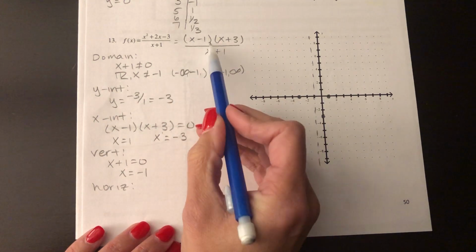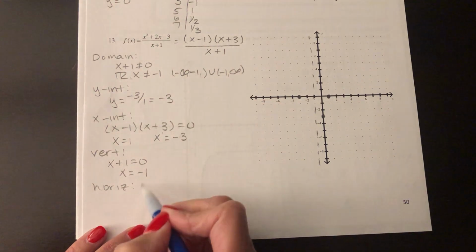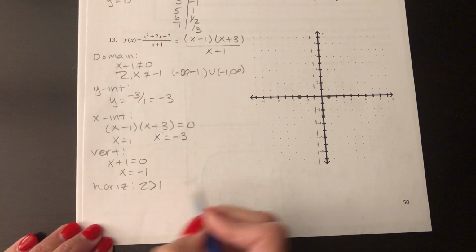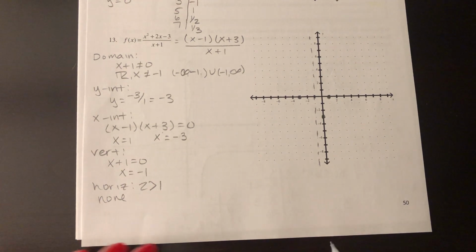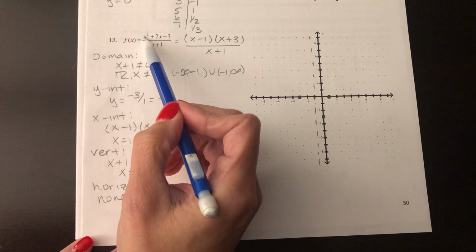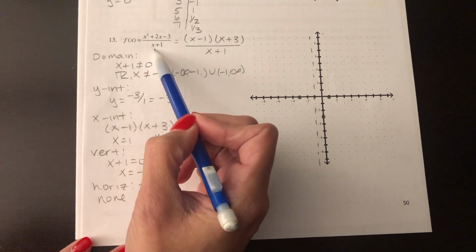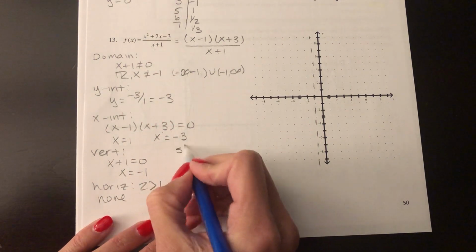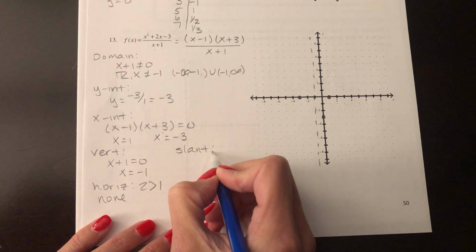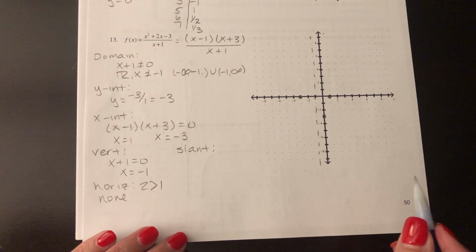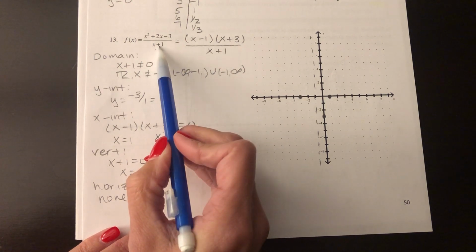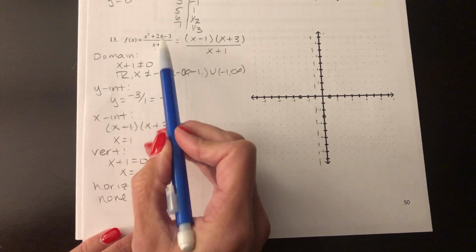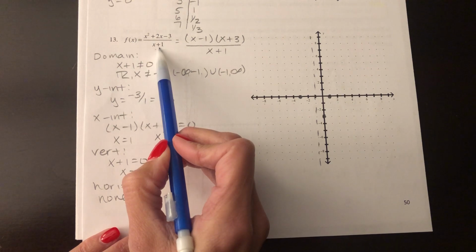Horizontal, looking at the degrees, so 2 is greater than 1, which means we're going to have no horizontal. And then finally, we do have a slant for this one because the degree of the numerator is 1 more than the degree of the denominator. So remember to find slant, we learned this yesterday, in our previous lesson, you have to divide this. So divide the numerator by the denominator.